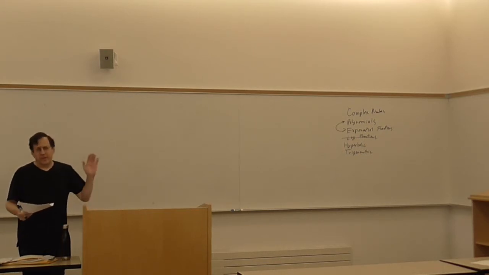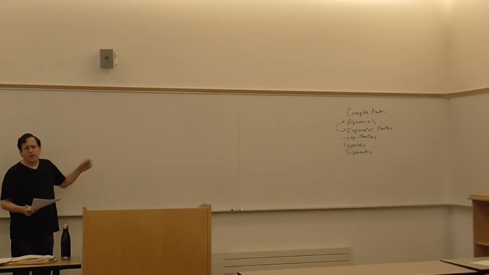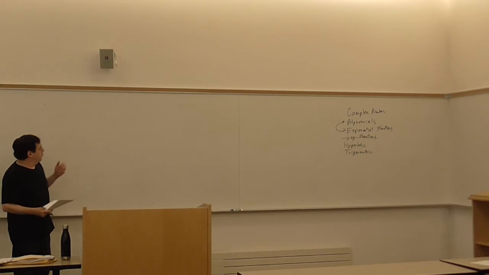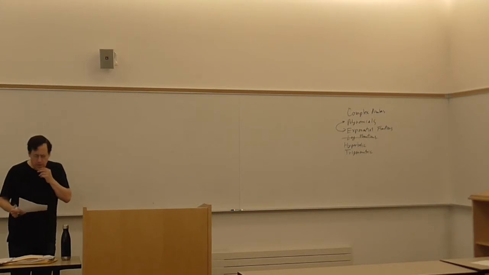You can get close. You can find a polynomial function that gives you something very close to the transcendental function, but not exactly. For your computer science people, you might want to think about that. How do we get e to the x on a computer?